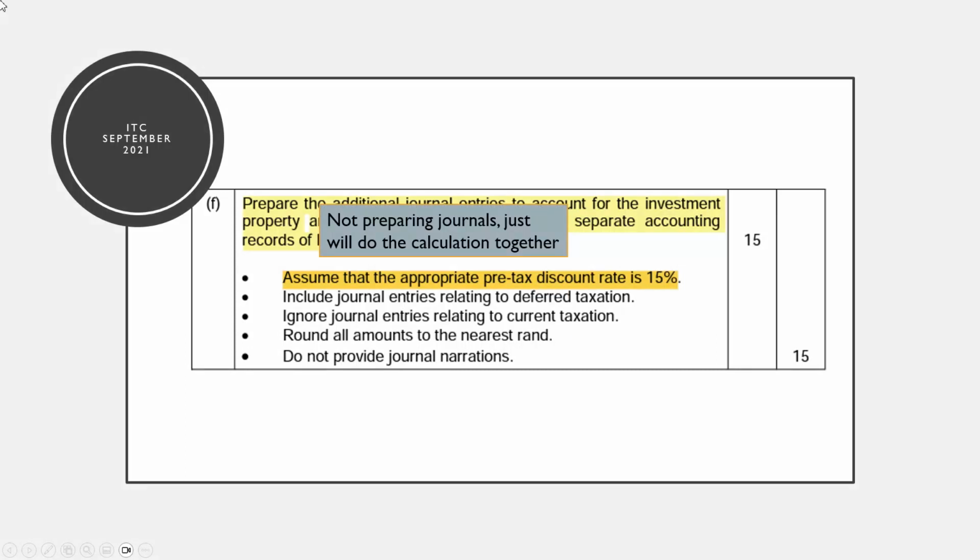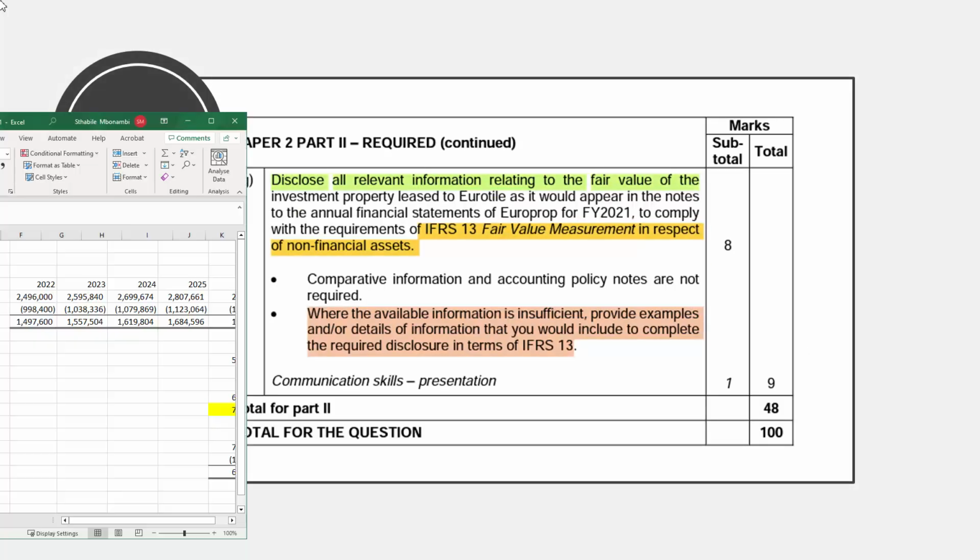So the second one is disclose all relevant information relating to, guess what? The fair value of investment property. So now you're disclosing this fair value information that you've just come up with. Where available information is insufficient, provide examples as to what you would include to complete the required disclosure.